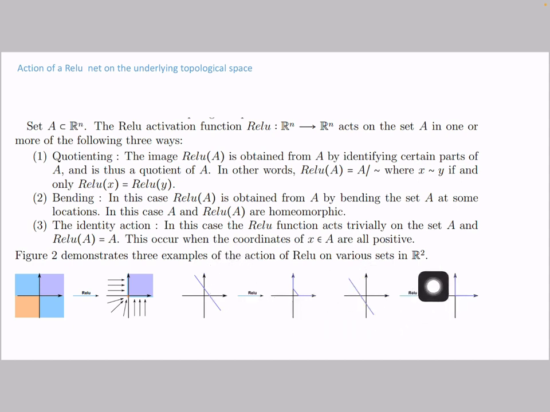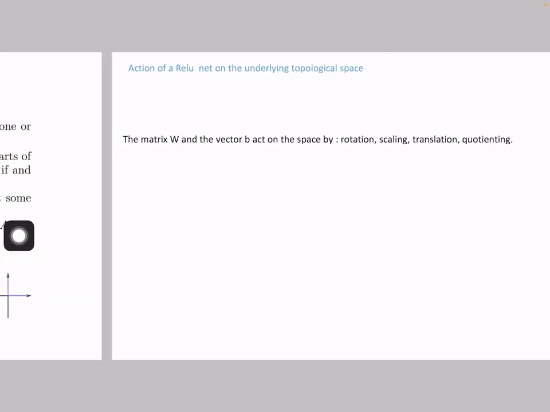This case here is an interesting case, which is a combination. It seems that this case here is the previous case, but it's not. In this case, all the points in the third quadrant get mapped to zero, and all this part here is projected on the x-axis, and all this part is projected on the y-axis. So this is a combination of the first two cases, the quotienting and the bending.